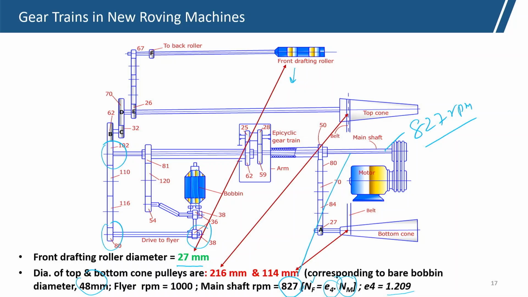E4 is the gear ratio between the main shaft and the flare spindle. If we know the main shaft speed and multiply it by the gear ratio, we get the flare speed. So, if we multiply 827 by 1.209, we get the flare speed. Here the bobbin diameter is 48 mm, the flare speed is 1000, and the main shaft speed is 827.